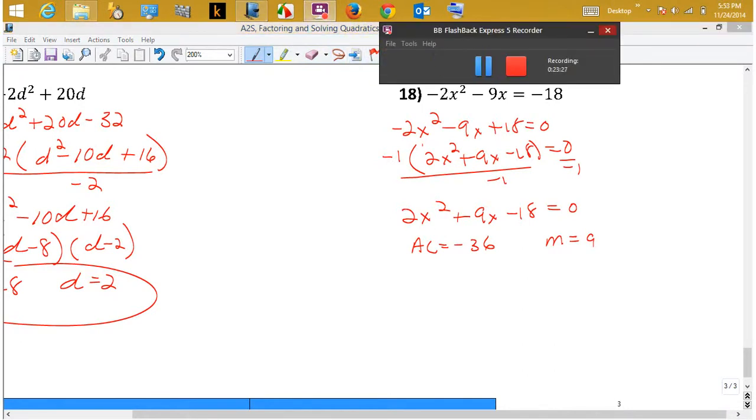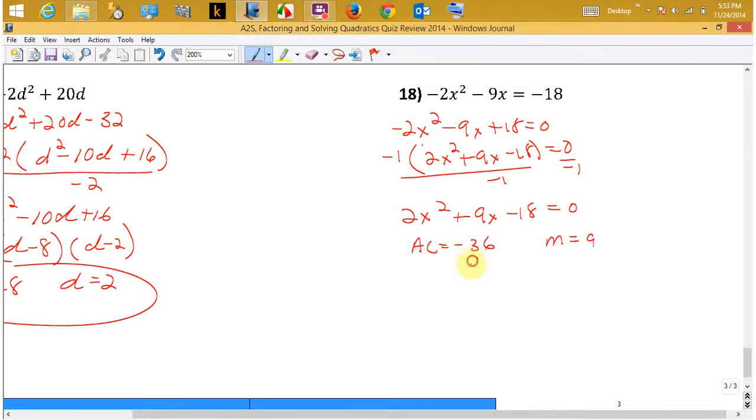Sorry about that. I got interrupted. So what we're going to do is, let's see, we needed two numbers that multiply to negative 36 and add to 9. So that would be 12 and a 3. So what we would have is a positive 12 and a negative 3.